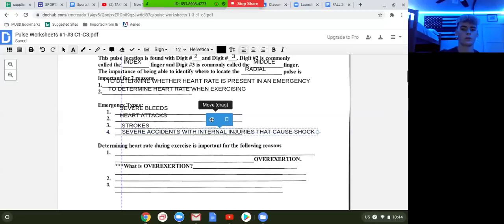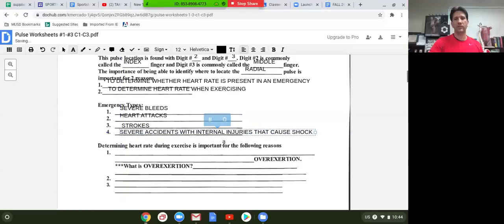Thank you. You're welcome. So severe accidents with internal injuries that cause shock. Right, we'll talk about shock later on. There's a lot of different types of shock, but that's just one where we'd want to be able to take pulse. Shock can lead to incoherence, fumbling upon their words, slurring the words, not looking okay, not responding correctly.